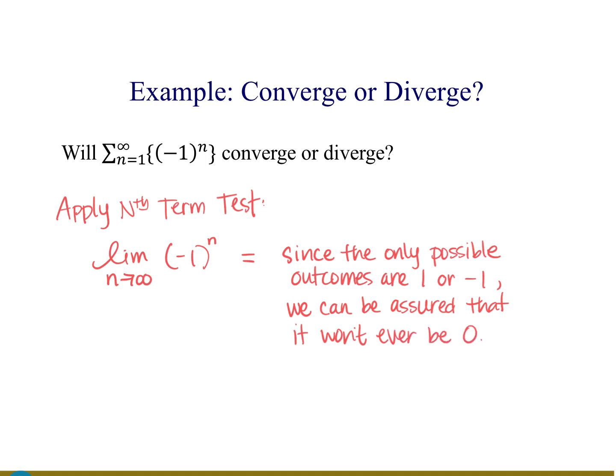That's all you care about. All you care about is proving that it's not 0. You don't care about proving what it is. You only care about proving what it's not. So since I proved that it's not going to be 0, what's the conclusion? Then it diverges.